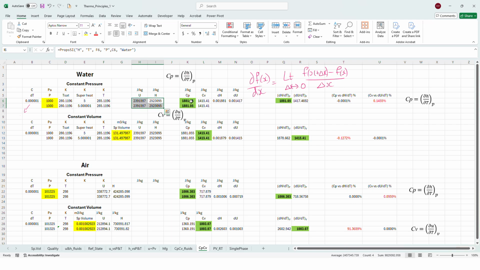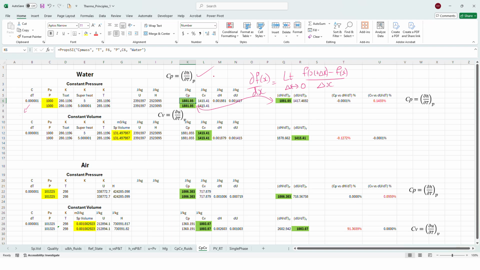So Cp is basically the difference of enthalpy divided by the delta temperature, and it's giving us a value. You're also calculating that for this particular temperature and pressure, and both these values match. So that means that this equation is correct for Cp.